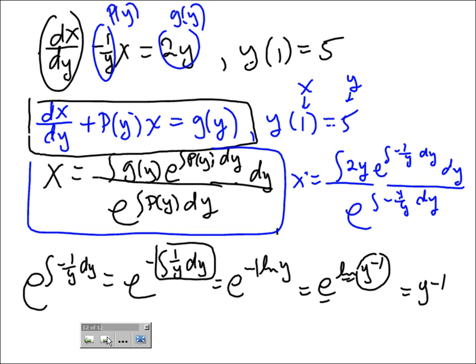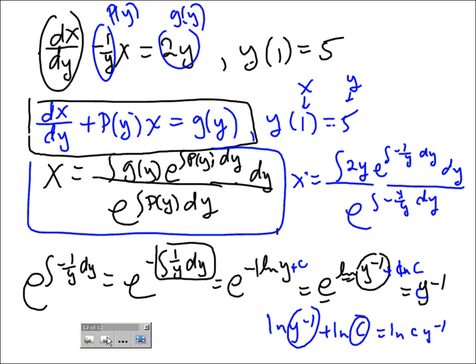Because I really get a plus c here, and I can call that plus ln of c. So the power is ln of y to the negative 1 plus ln of c. Ln of one thing plus ln of another thing is ln of the product of the things. So I can put the c there.